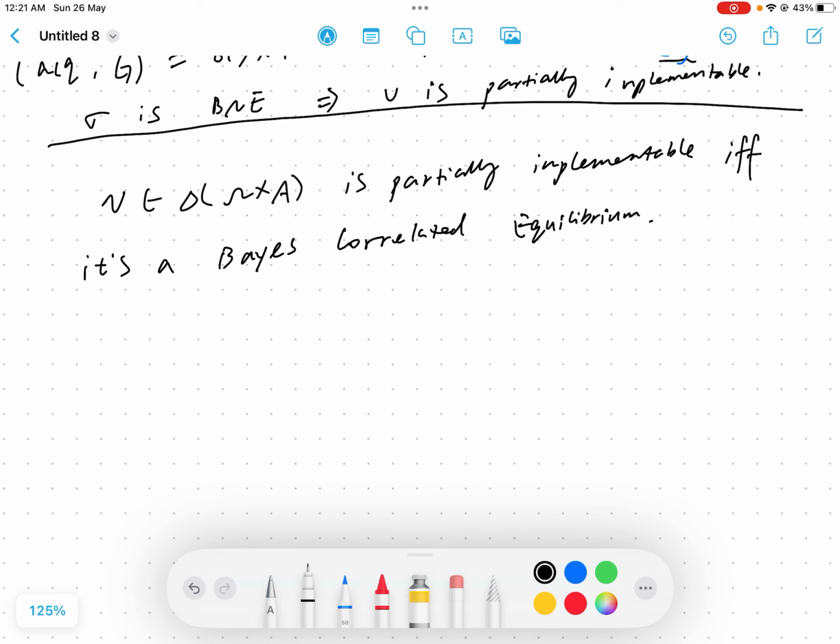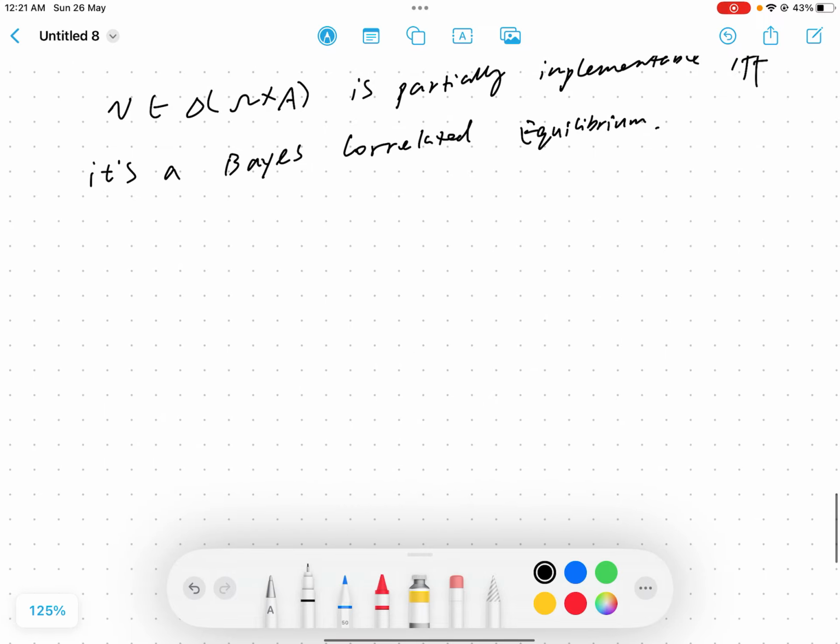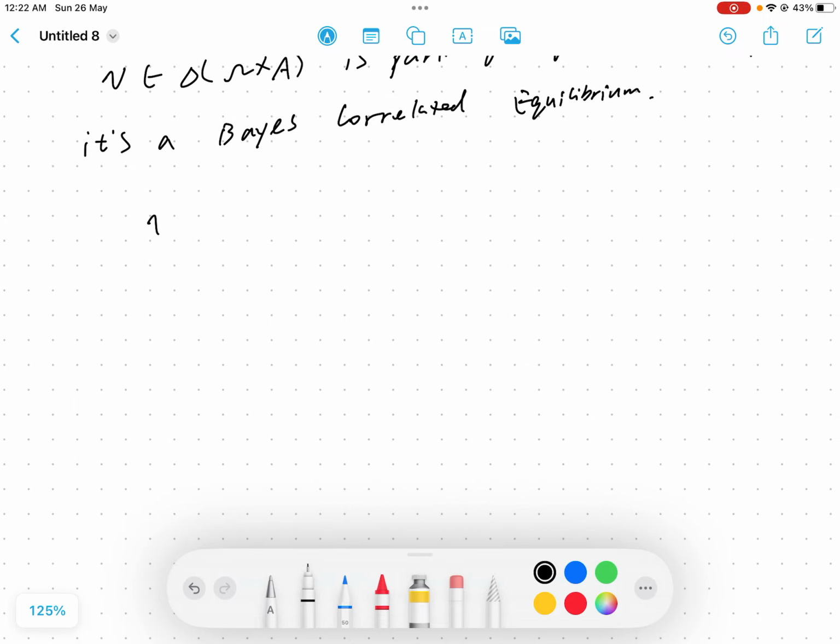Okay, and specifically, what does it mean? It means that this V is a BCE of the G, right?